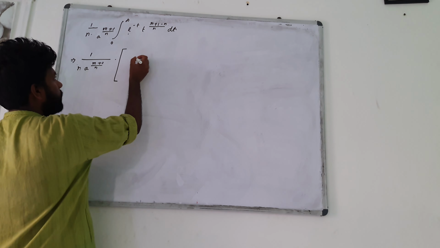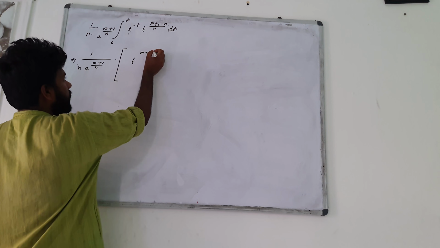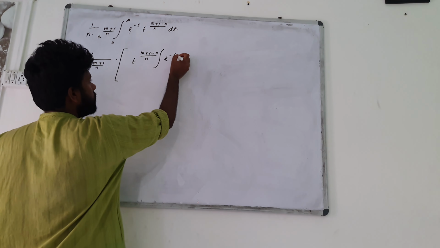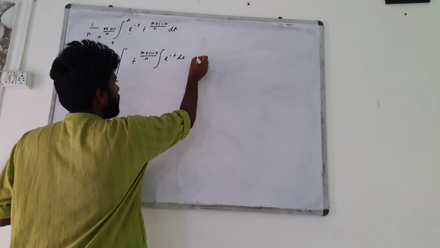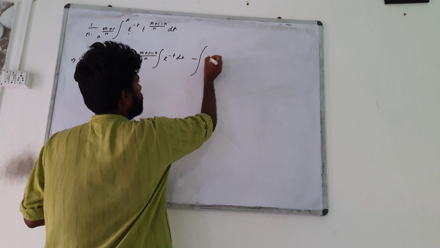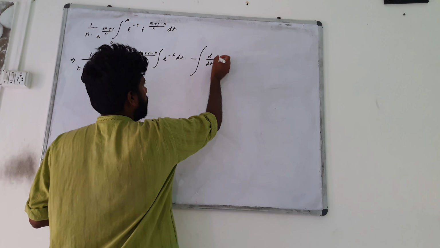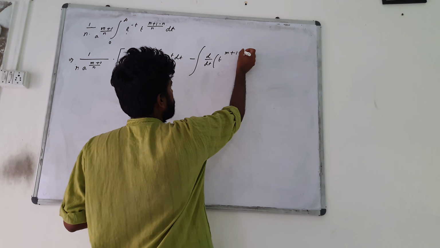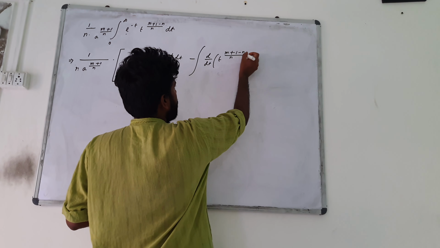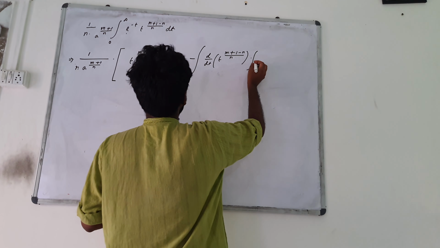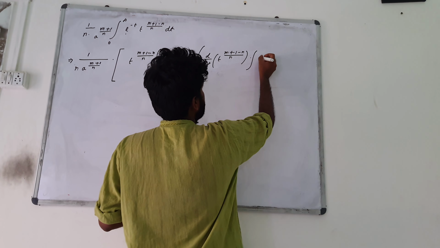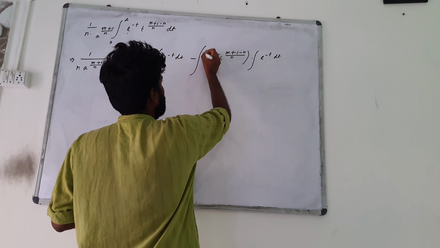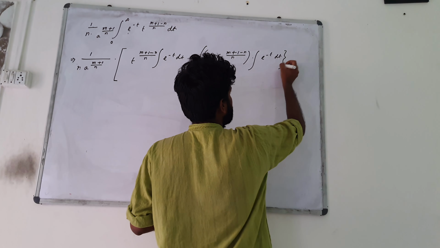That means t power m plus 1 minus n by n remains constant, e power minus t dt, minus d/dt of t power m plus 1 minus n by n, and second integral e power minus t dt, and there is the overall integral.